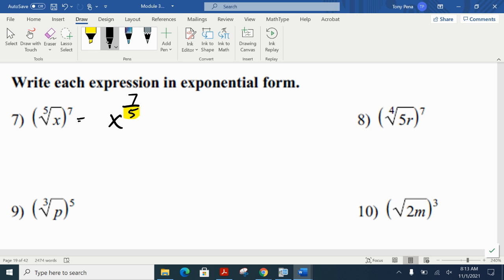All right. If we go to the next one, same thing. You're going to take your 5r. That's all in parentheses, so that's all underneath the radical. And when I now write this as a fraction power, Julia, what is the denominator of this one? Yeah, the 4 is our denominator, and what goes on top? Good. So that's 5r to the power of 7/4.